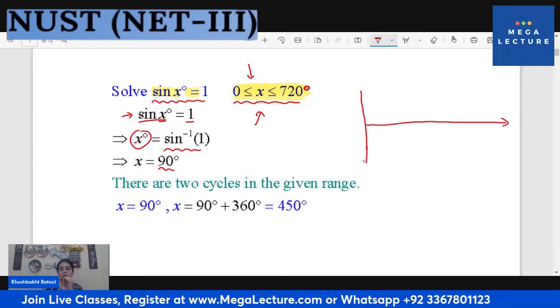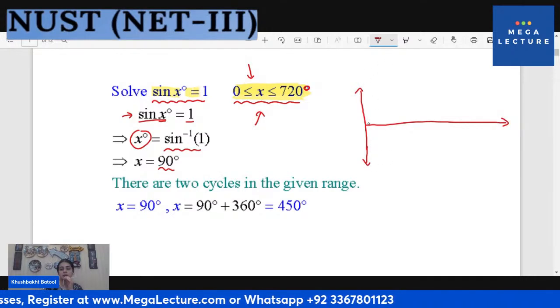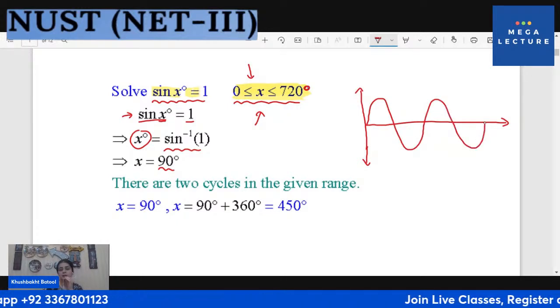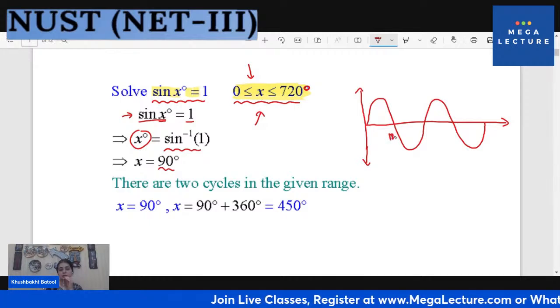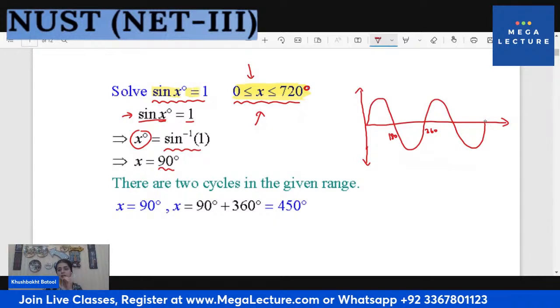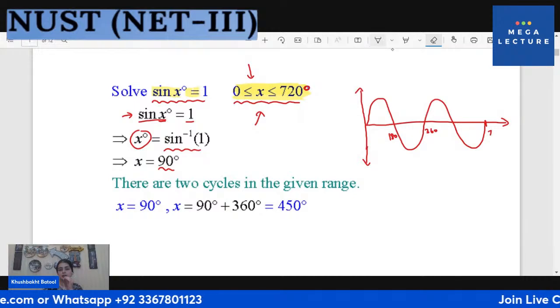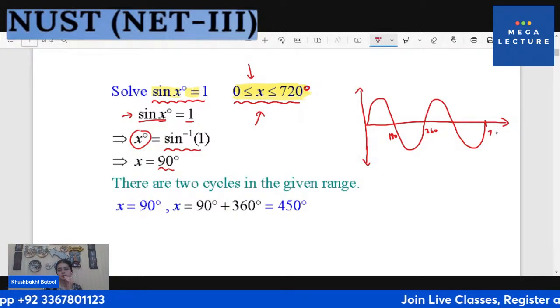Let's talk about the graph of sine. It starts off like this at 180, 360, then this. So this value is 180, this is 360, and then this value is 720.